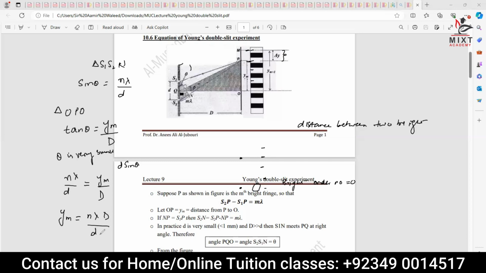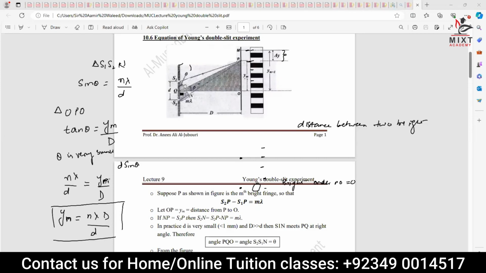So, this is one of the formulas if, for example, they ask you what is the height of the nth fringe with respect to the central point. N means number of order. It's not ym actually, it's yn, sorry, because we are considering everything as n. So you will place n here.